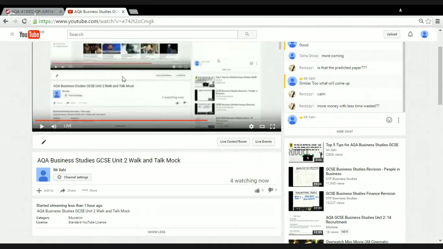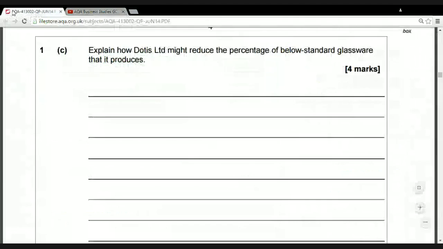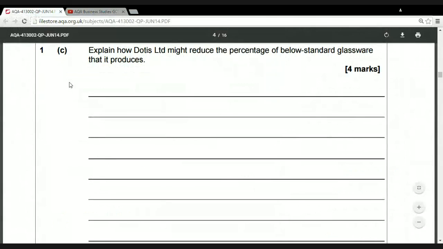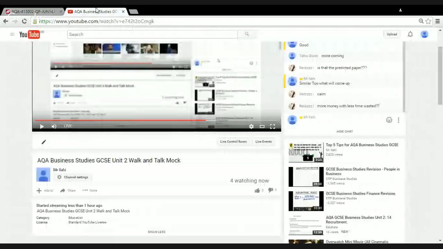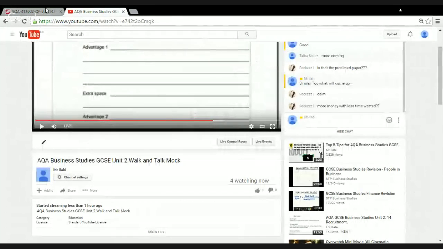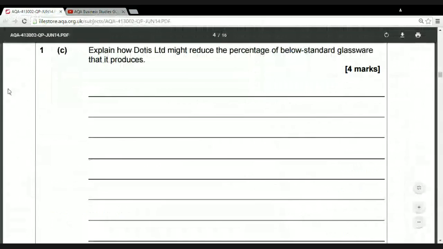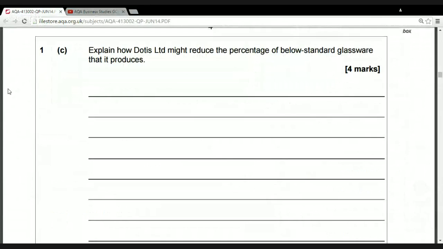So what you have on this one is: explain how Dotters Limited might reduce the percentage of below standard glassware that it produces. Now, for the 4 marks, for 1 mark, you're going to tell me the method of what they need to do.